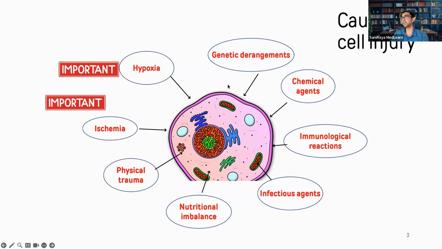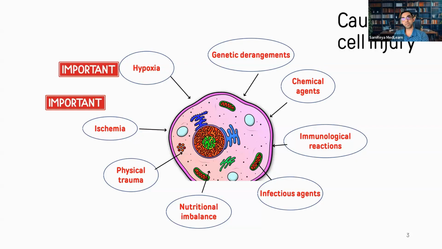Okay, let's look at other causes. Genetic derangement. We did mention yesterday that certain genetic mutations can lead to, for example, accumulation of misfolded proteins in the endoplasmic reticulum. That can cause injury. We'll talk a little bit more about that today. Chemical agents can cause direct injury, something like cyanide or carbon tetrachloride. They can damage the cell membrane.